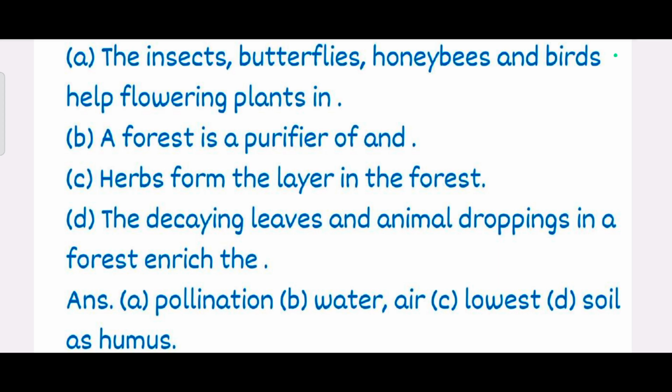Second, a forest is a purifier of. Answer is water and air.